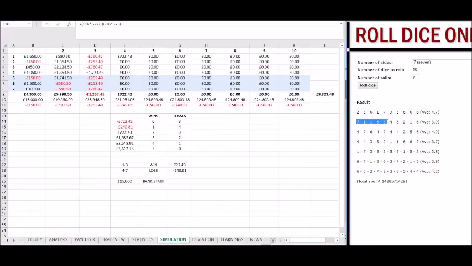2 wins again. 722.43. Here we have a loss, and then moving down, here we have 3 wins, which is 1685.67.